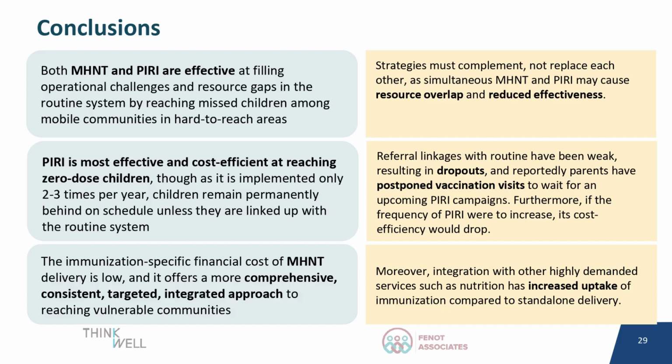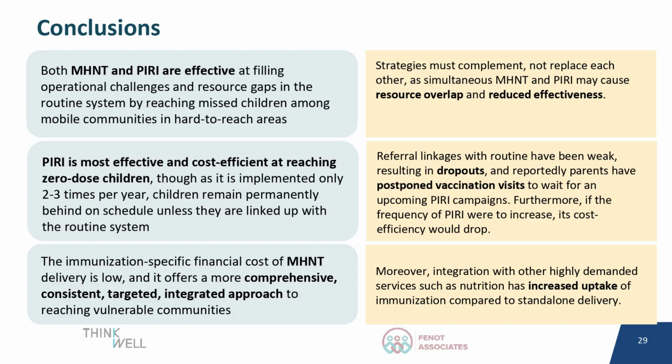and cost-efficient at reaching zero-dose children, though it is implemented less than the recommended average. As we found, it was conducted on average 2 to 3 times per year. So many children reached through the PIRI strategy remain permanently behind schedule unless they are linked to the routine system.